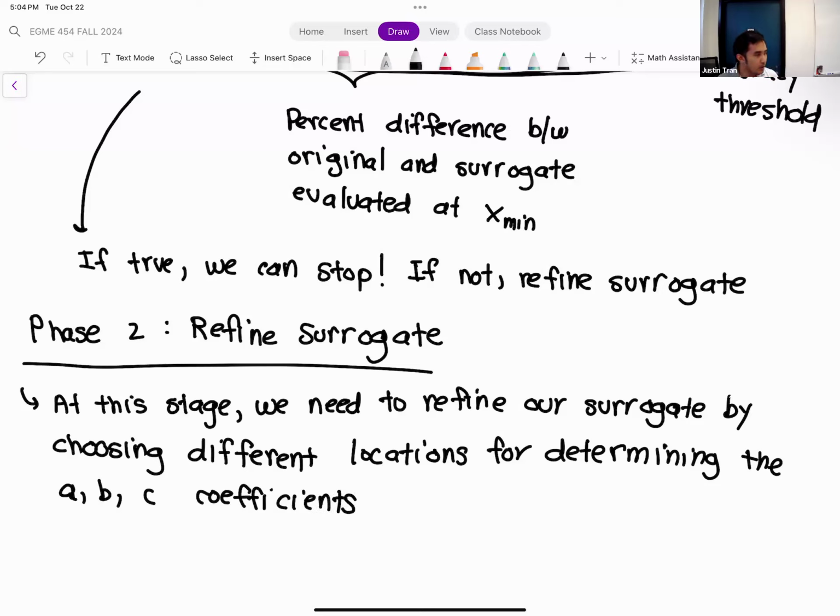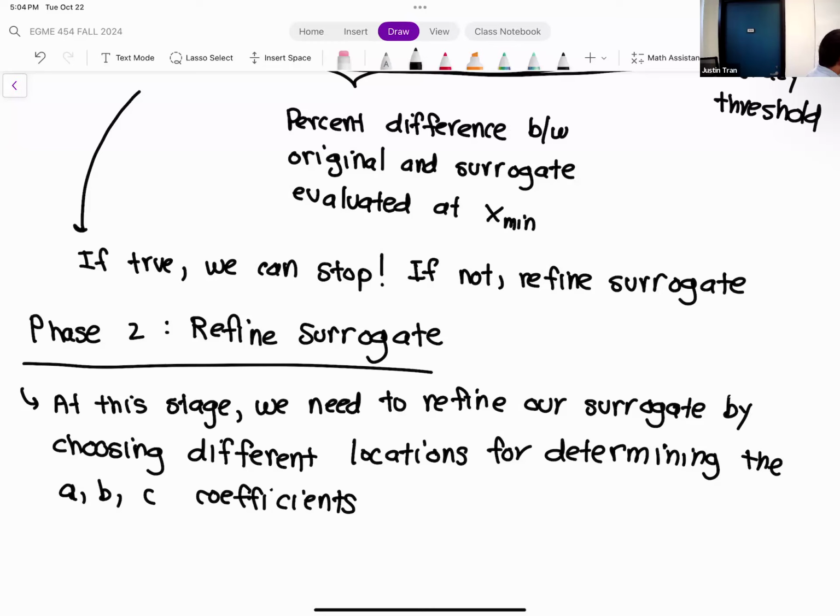So all this really means is that we're going to be choosing different locations to evaluate our original function, and that's going to give us different values for A, B, and C. Of course, the main ones we're worried about are B and C, but A is used for evaluating the function.